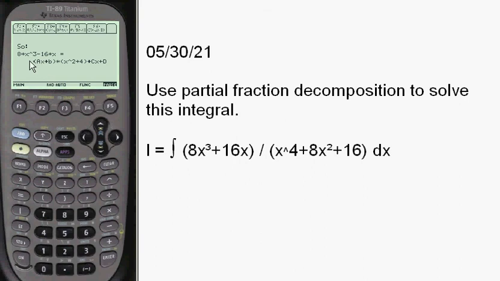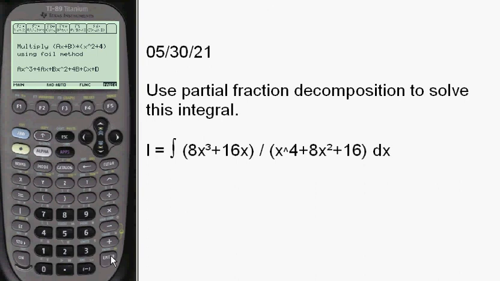So on the left side is this, on the right side is this, times ax and then plus cx plus d. Now, there's always tricks in calculus. We're going to multiply ax plus b times x squared plus 4 using the FOIL method, as we learned in algebra. And so we get ax cubed plus 4ax plus bx squared plus 4b plus cx plus d.